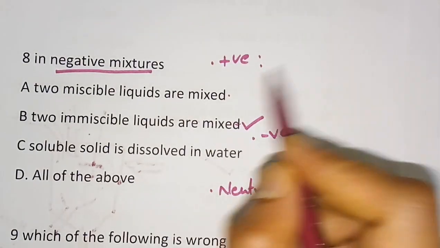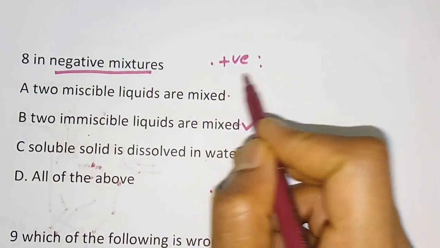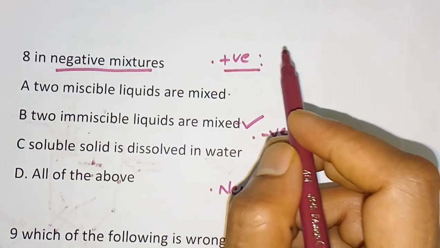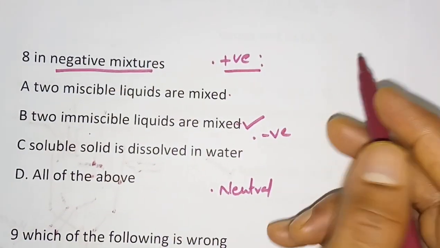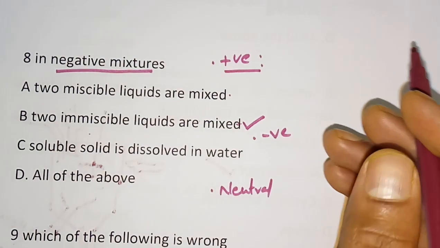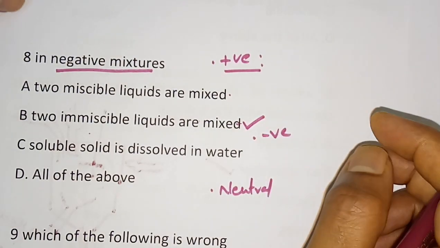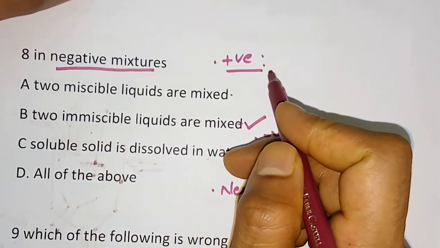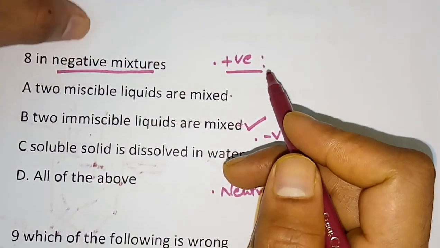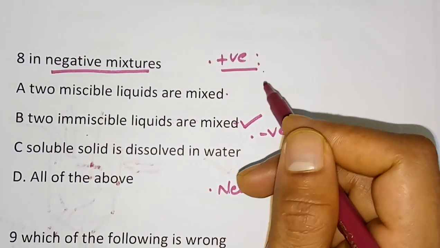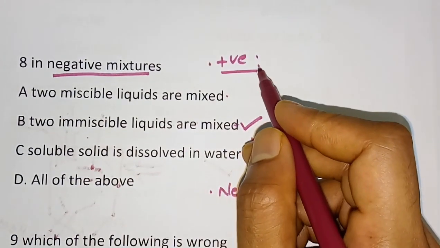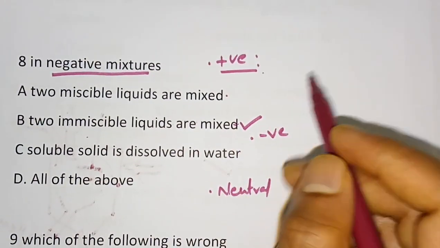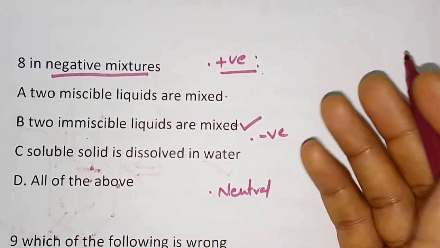So that is the positive mixture. Or two miscible liquids, which are already mixable, when you add them they will automatically mix. That also comes under positive mixture. That we cannot reverse, that is irreversible, we cannot take it back.